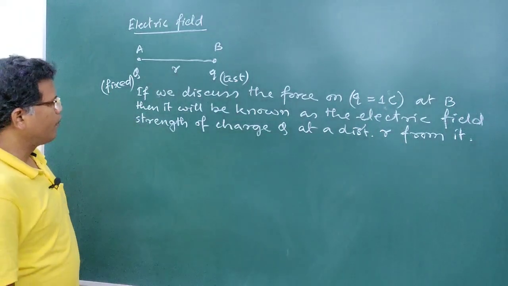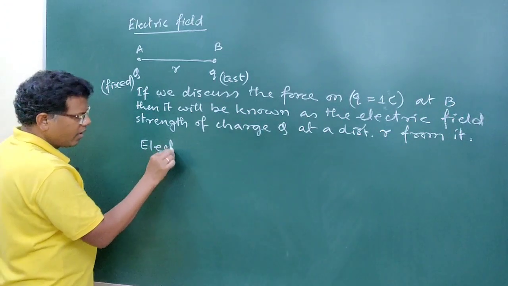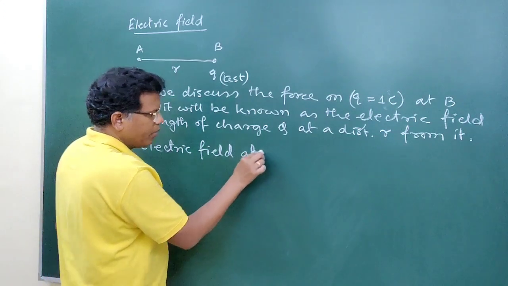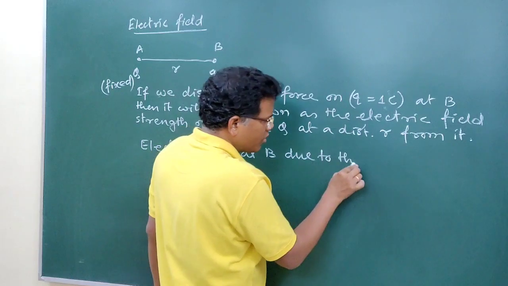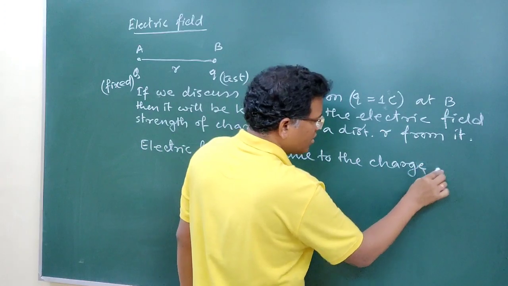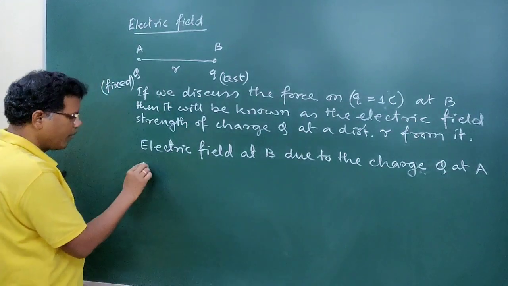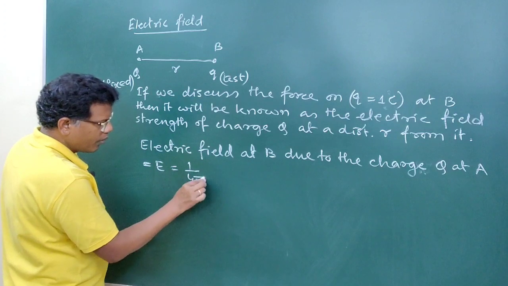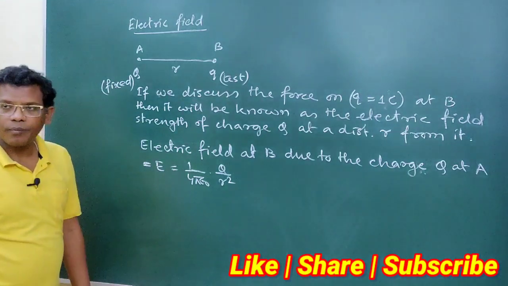So similarly, if we want to write down the electric field at B due to the charge capital Q at A, it will be given by E, and that will be 1 by 4 pi epsilon naught Q by R square only.